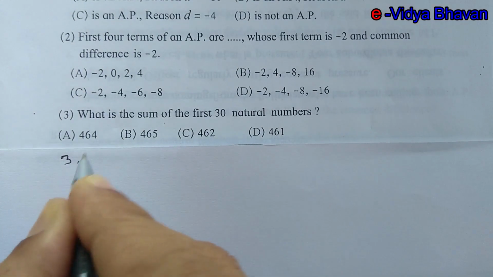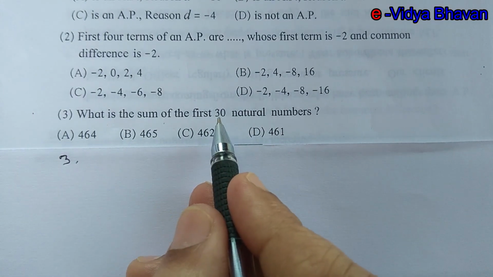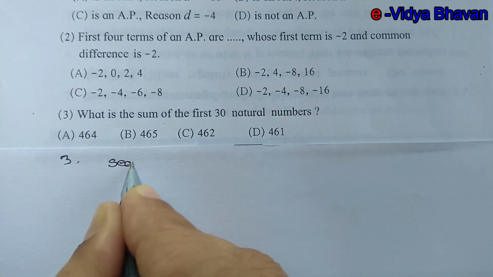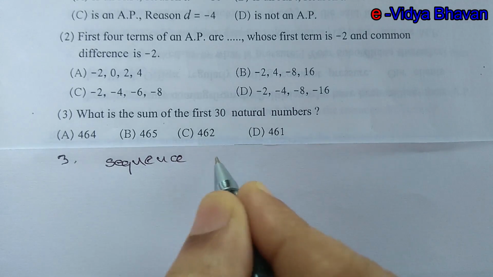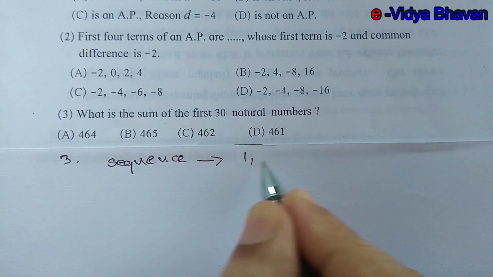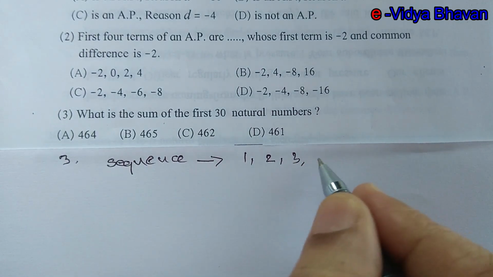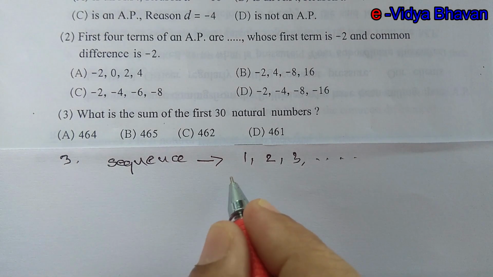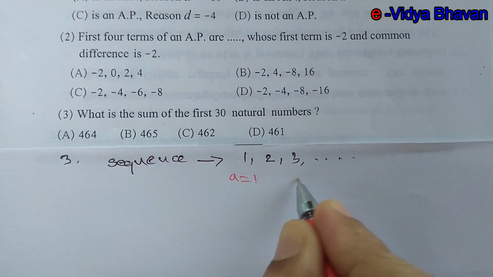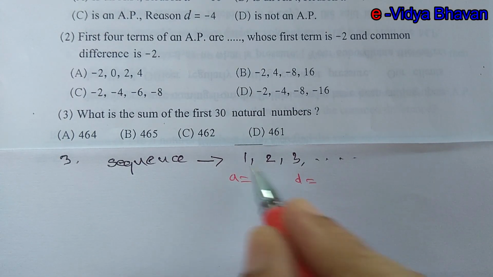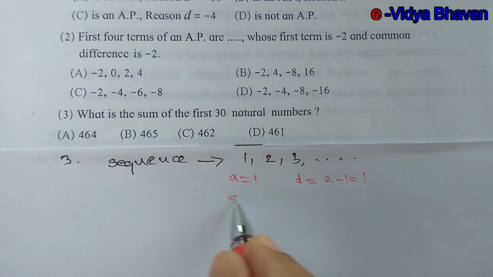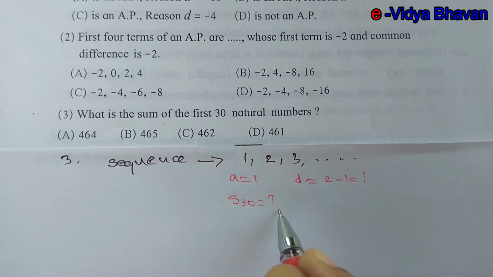Question number 3. What is the sum of the first 30 natural numbers? So first we write down the sequence: 1, 2, 3 and so on. Now we are interested in S30. So first we will write down a is 1, d is 2 minus 1 is 1, and S30 is the question mark.